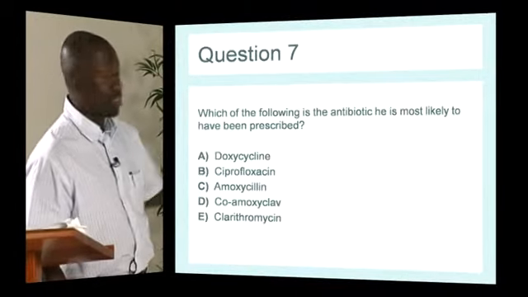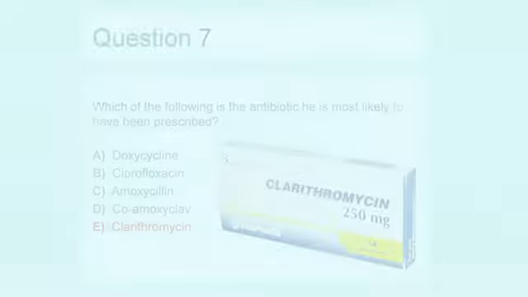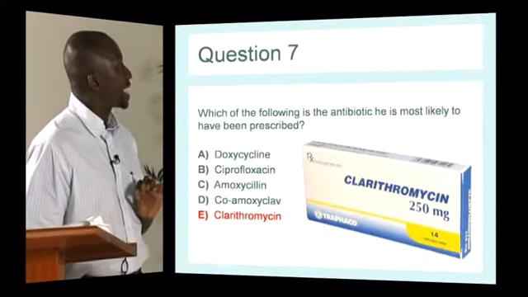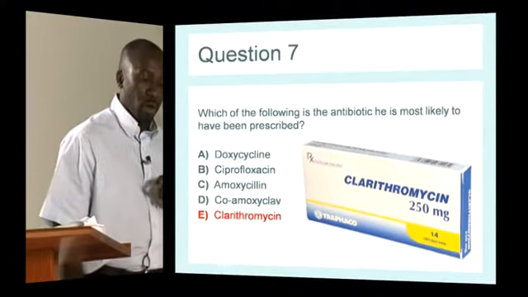I would like you to consider these antibiotics. The answer is clarithromycin, but I think the most important thing here is to go back and to look at the indices there. What you have noticed is that his CK is highly elevated and his renal function has also gone off. What he has developed is rhabdomyolysis. The drug that he is on, which has interacted with clarithromycin, is simvastatin.